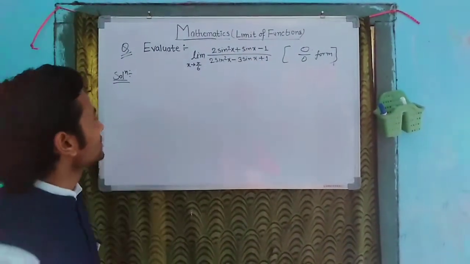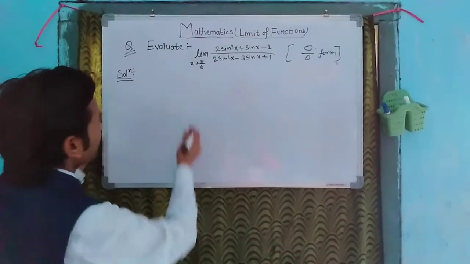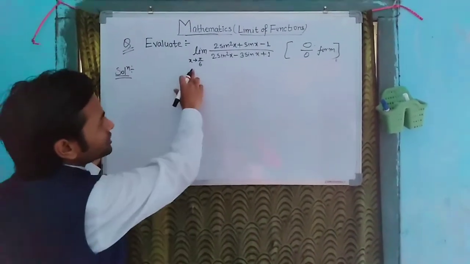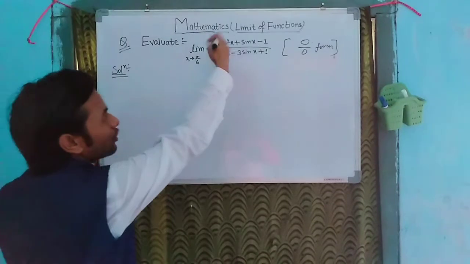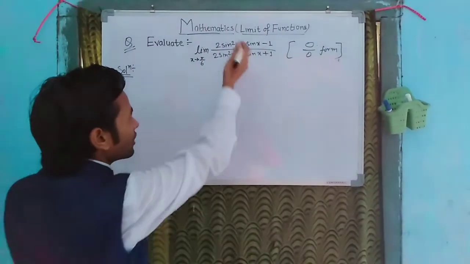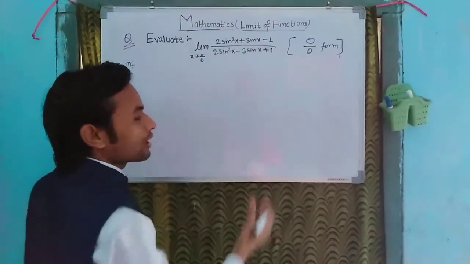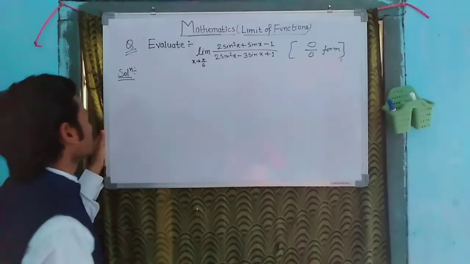This is a limit of functions. So how will we calculate it? We can't directly put x tends to π/6 here, because we have to simplify it first, then we will put the value x tends to π/6.